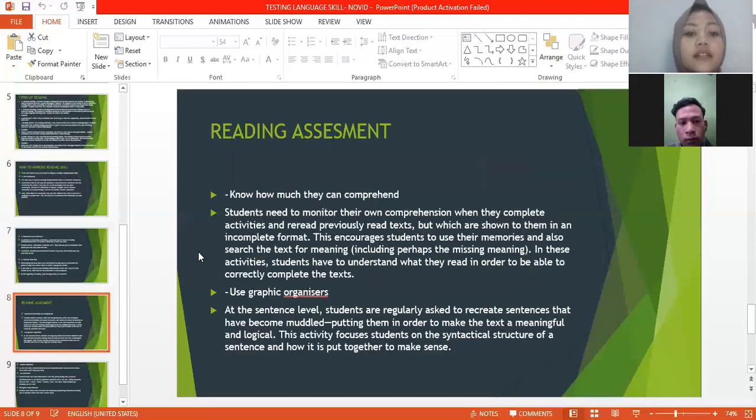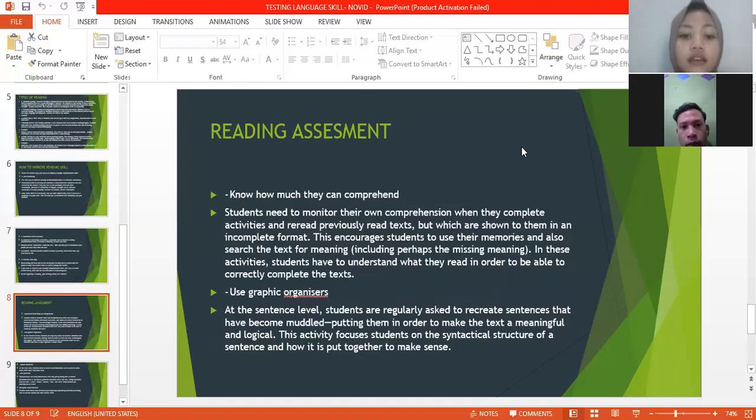And then the next, reading assessment. Know how much they can comprehend. Students need to monitor their own comprehension when they complete activities and reread previously read text, which is shown to them in an incomplete format.